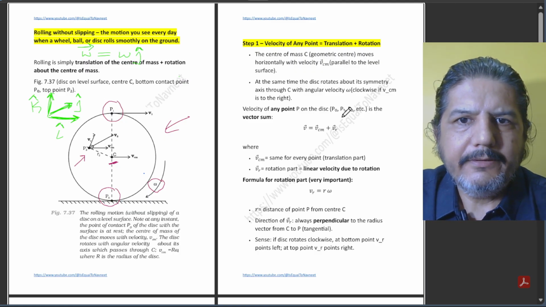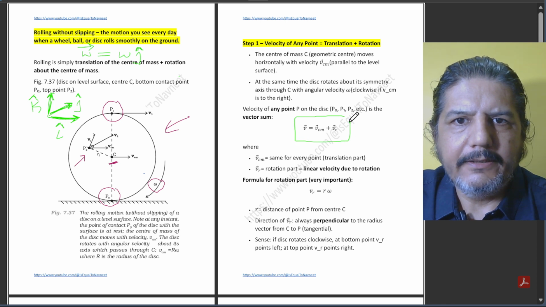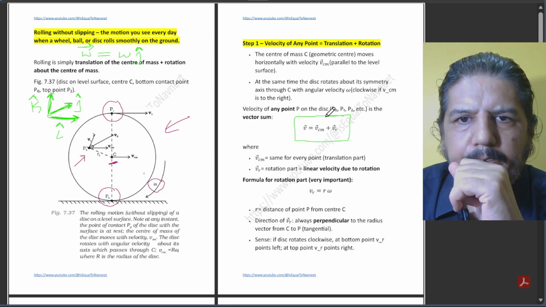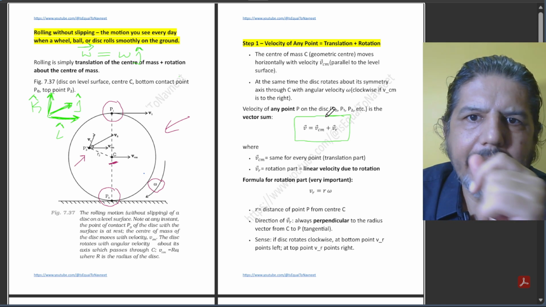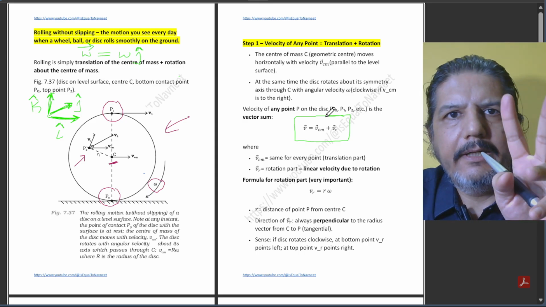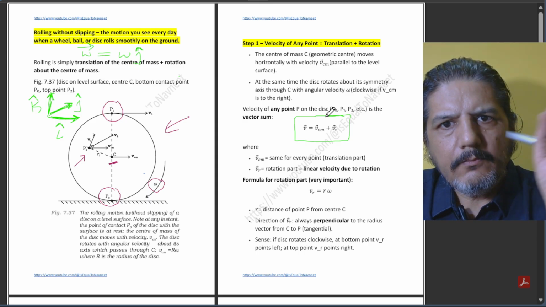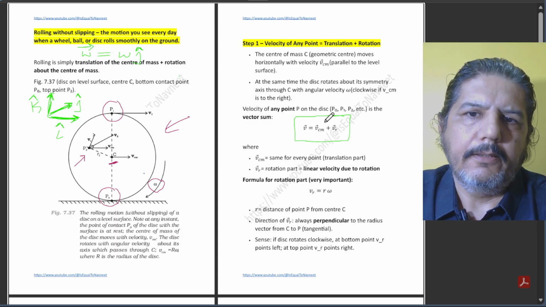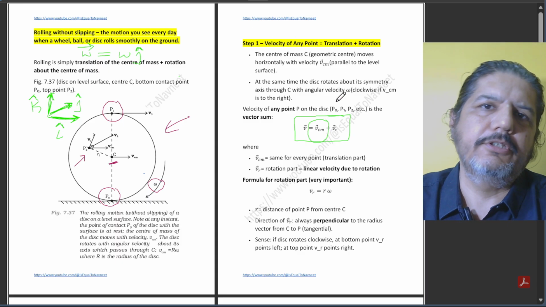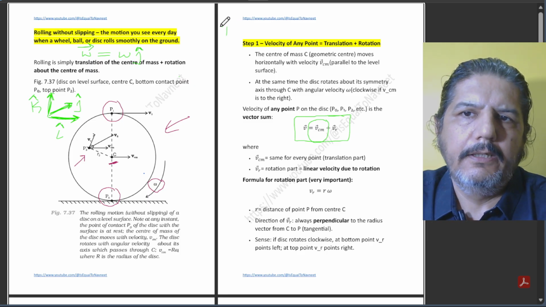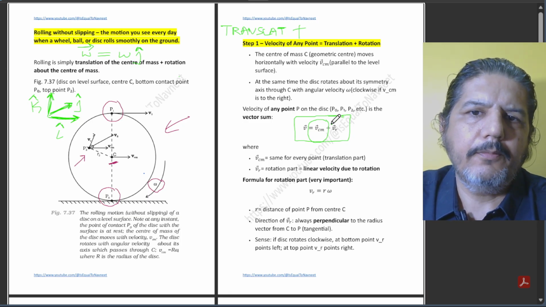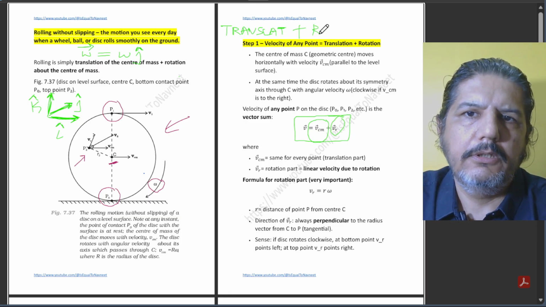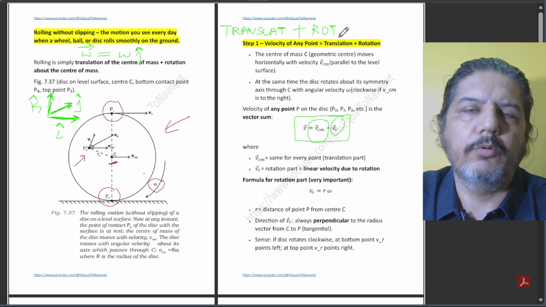So, for us, the critical equation that we need to understand is that velocity at any random point is basically the sum of two velocities. One would be the velocity of the center of mass. This is our translational velocity. This VR part comes from the rotational motion.